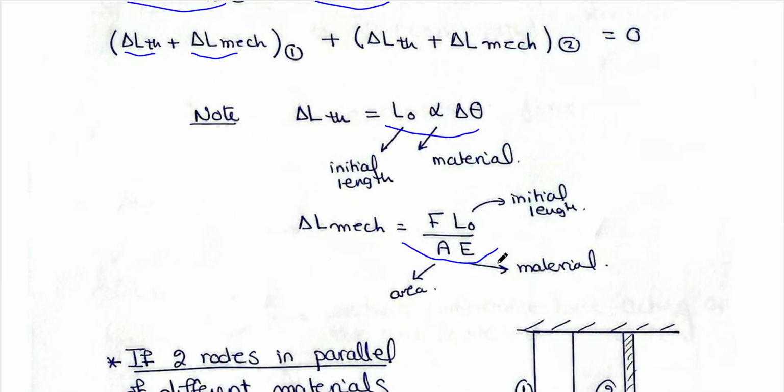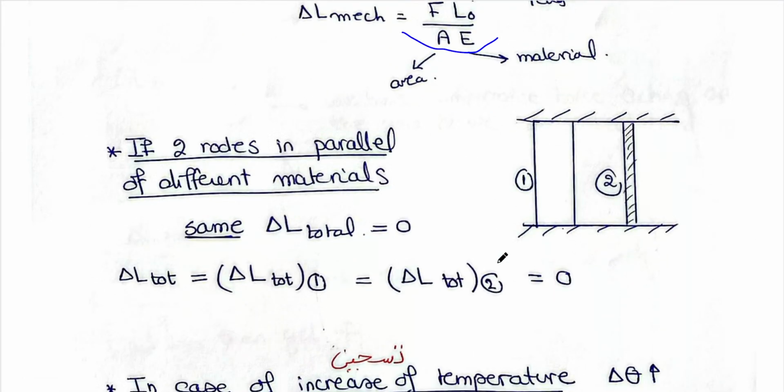Another idea: if the two rods 1 and 2 are parallel, not in series, I am sure that delta L between the two walls is 0, which applies for both 1 and 2.